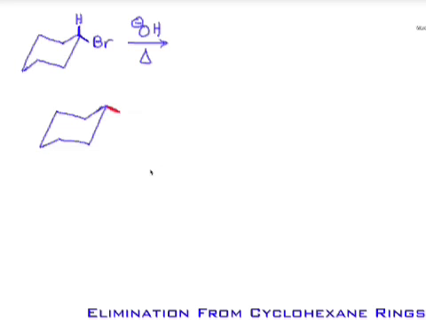So there's my carbon-bromine bond. And I have to ask which bonds are anti to that. Which bonds move in the opposite direction perpendicular to that? Well, it is in fact these two bonds.